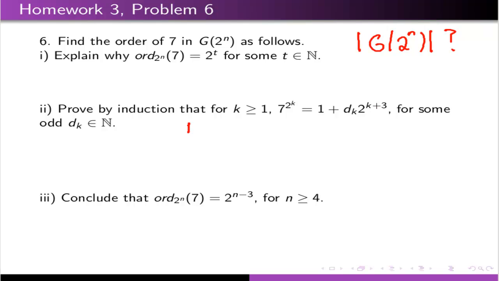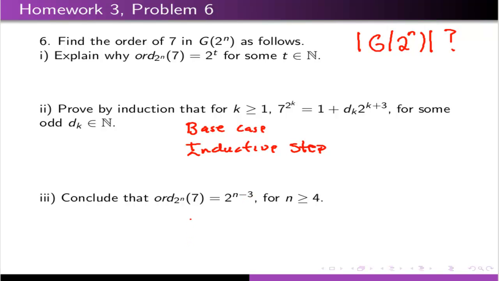So base case, and you've got the inductive step. I think it's pretty straightforward. So just square both sides. Conclude that the order is 2 to the n minus 3.